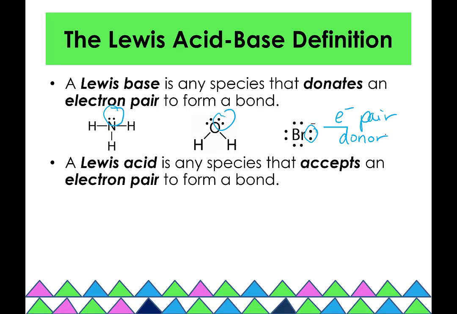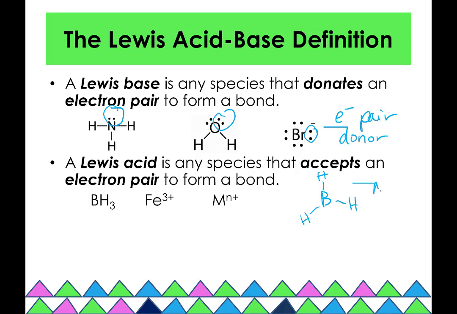A Lewis acid is any species that can accept an electron pair from a Lewis base to form a bond. So some examples are BH3, boron. We talked about this in Gen Chem 1, but boron forms these electron deficient compounds. So it doesn't have a full octet.